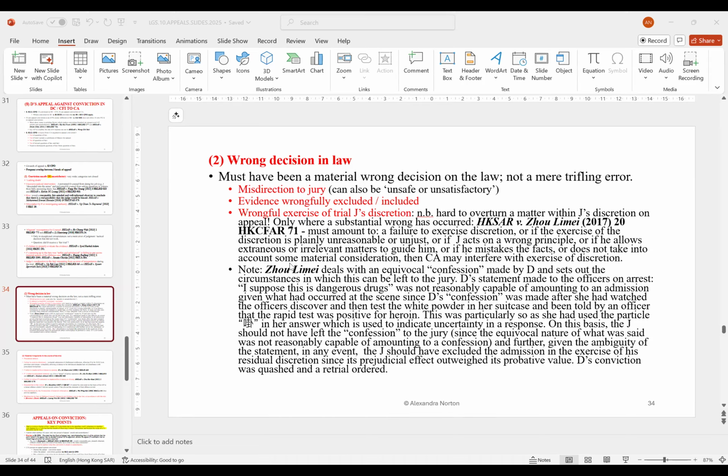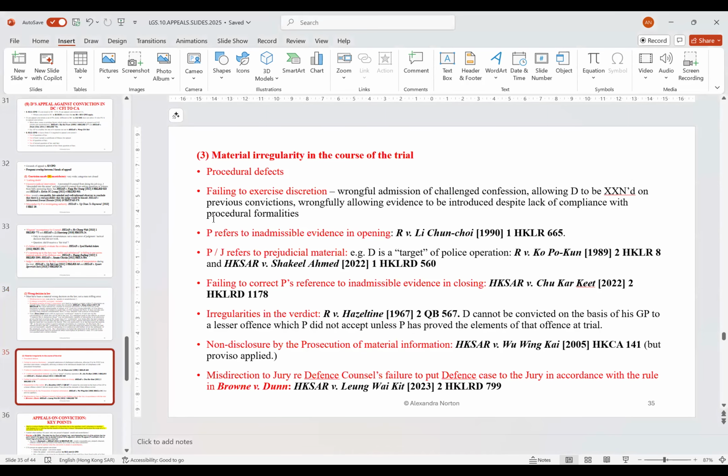And she said, I suppose it's drugs. And that was put to the jury as evidence of her confession. But the Court of Appeal said, in that case, the confession was so plainly equivocal that it should not have been left to the jury as a confession at all.